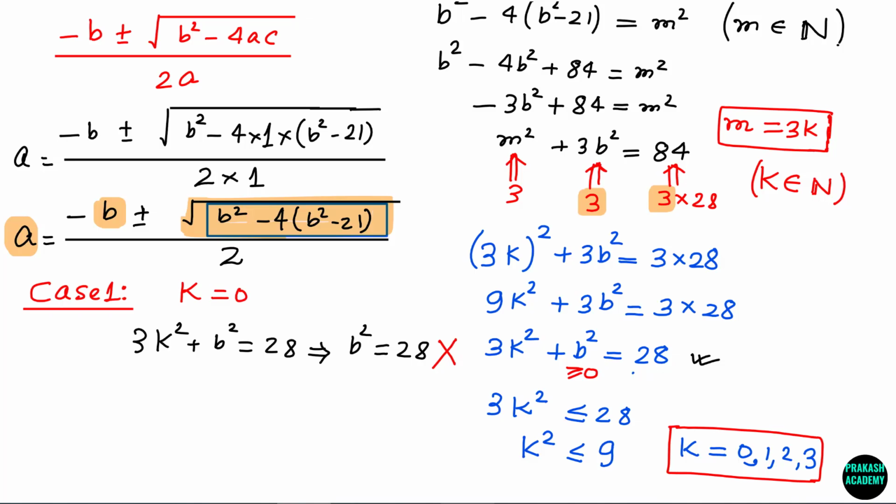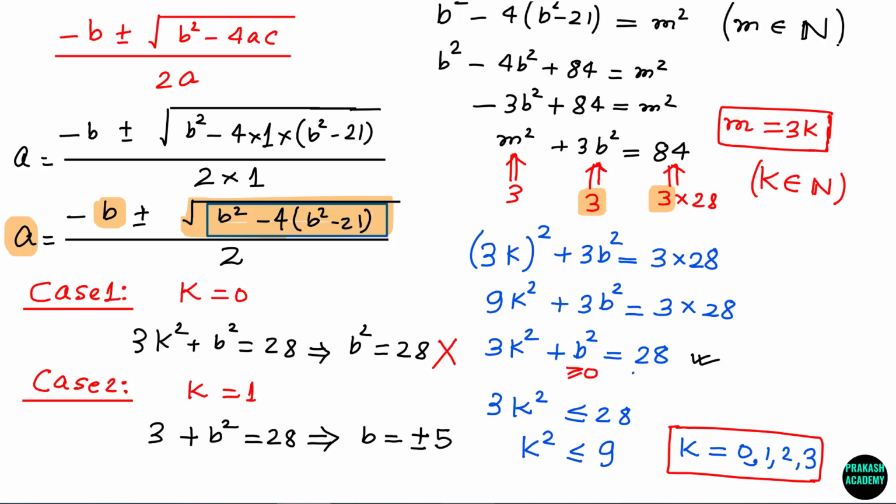So in case 2, you can have k is equal to 1. So if k is equal to 1, you will have 3 into 1 square, which is 3, plus b square is equal to 28. So this means from here b is equal to plus minus, because 28 minus 3 is 25, and if you take a square root, then this becomes plus minus 5.